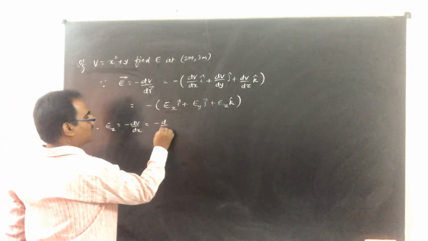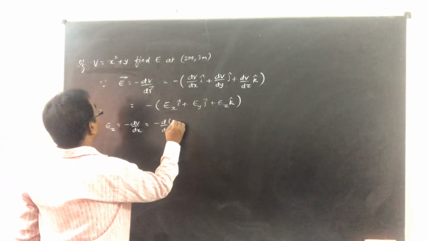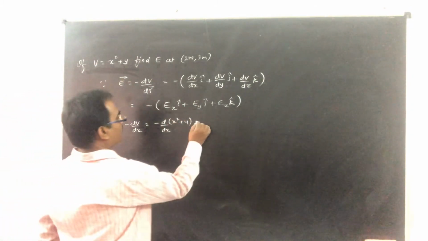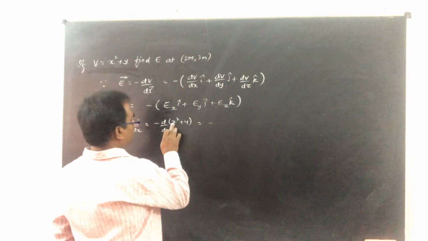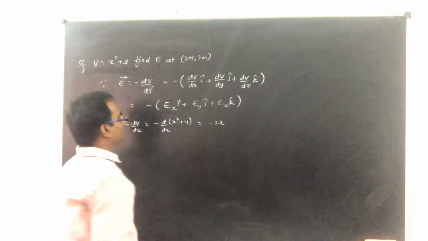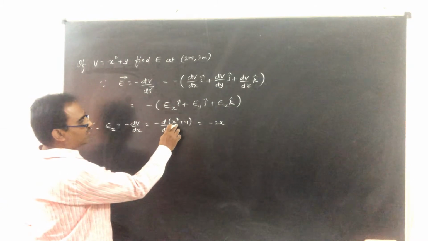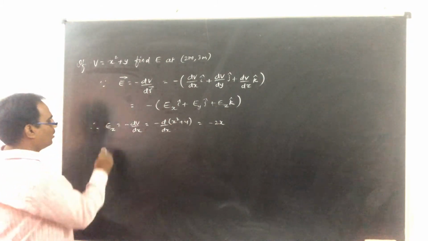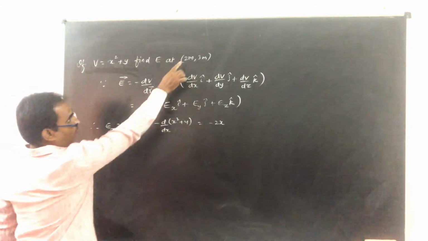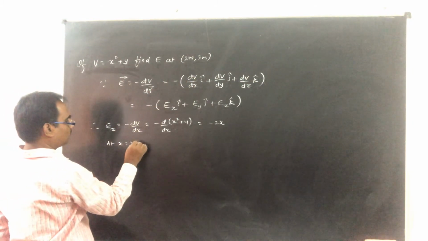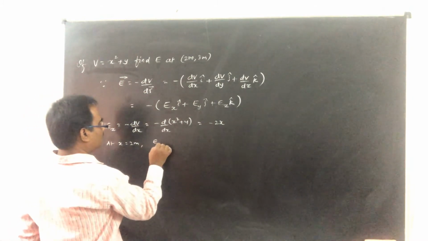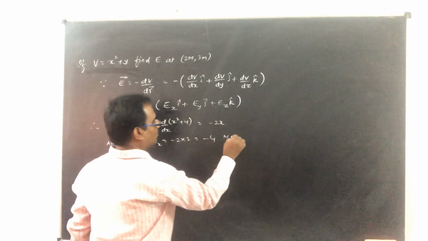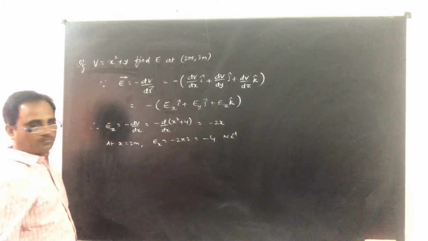That means minus d by dx of x square plus y. So differential of x square is 2x. Because of this negative sign, it becomes minus 2x. At x is equal to 2 meter, this Ex will become minus 4 Newton per Coulomb.